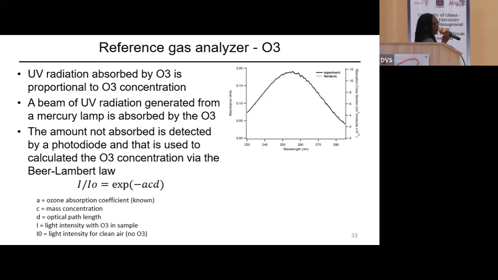You know the amount that is put in, and you know what is not absorbed, so you subtract what has gone out from what you had, and that gives the quantity, or the concentration, of the ozone.